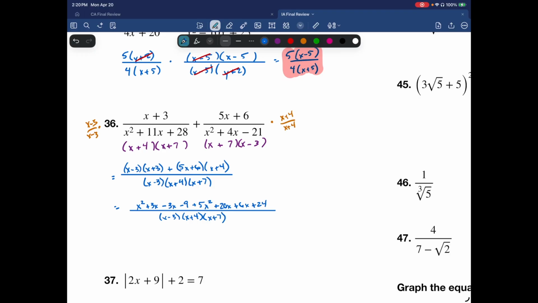Okay. All right, the 3x's will cancel out here. X squared and 5x squared, that's going to be 6x squared. All right, you got 20x and 6x, it's going to be 26x, so plus 26x. And then you got 24 minus 9, which is 15, over x minus 3, x plus 4, x plus 7. And that's your answer.